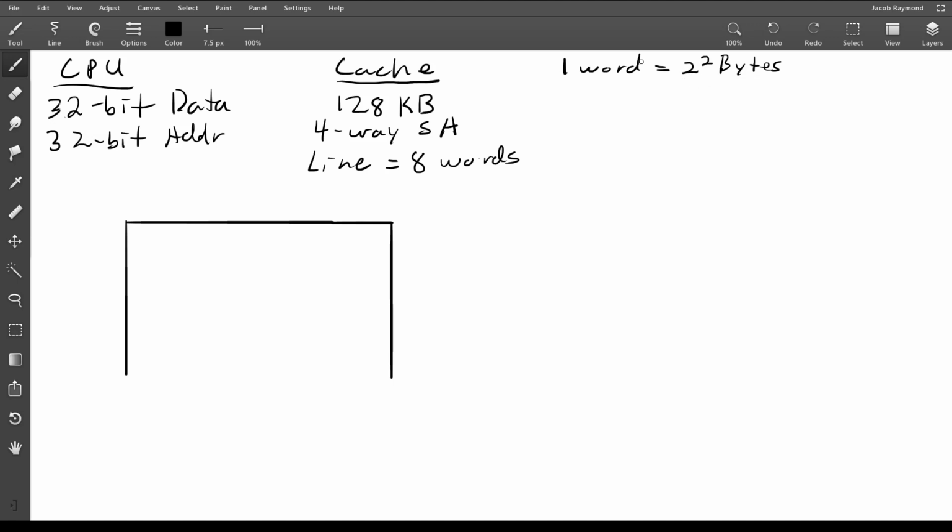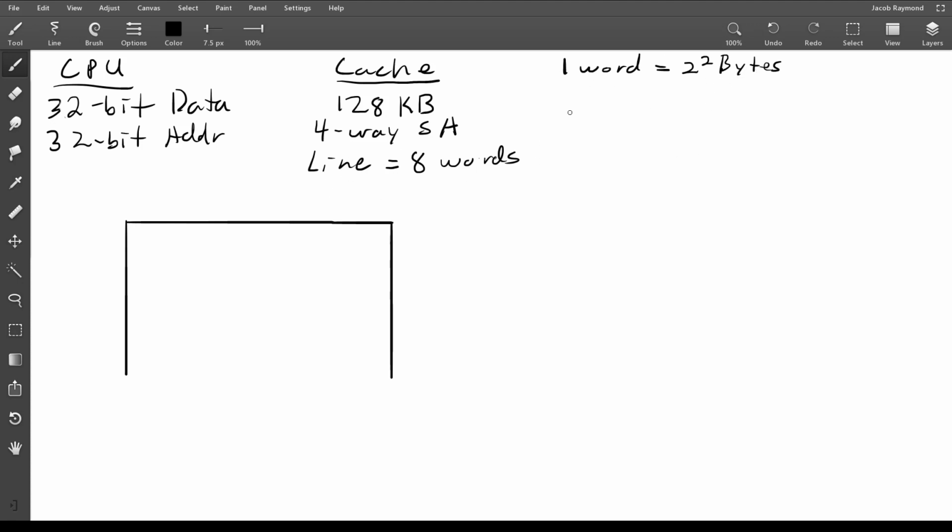And I write it in power of 2 because, as you remember from that one example with the direct map cache, knowing that exponent is how you know how many bits you need. So writing a lot of these as 2 to the power of something is going to help. And at least for the purposes of 3181, we're probably always going to be given examples that are powers of 2 to make it simple. So, yeah, we have one word is 2 to the power of 2 bytes.